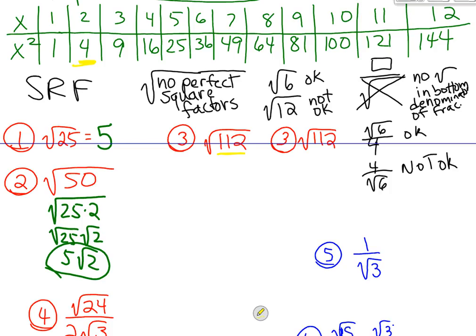Then keep dividing it by some of these other numbers. Divide it by 9, by 16, by 25, and see what is the biggest. We want to find the biggest perfect square factor of 112.